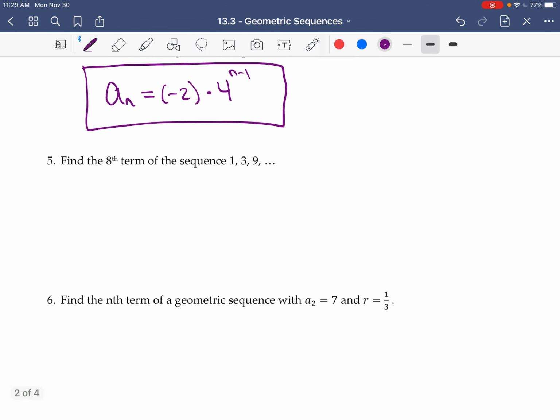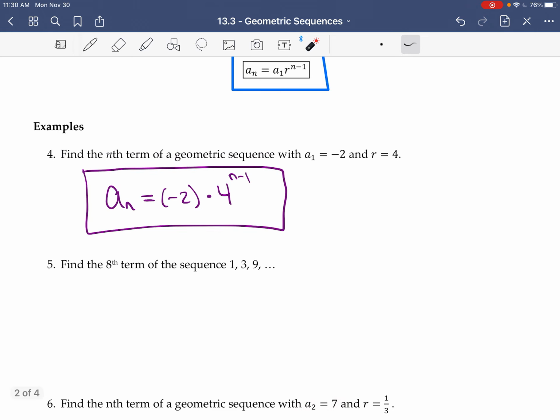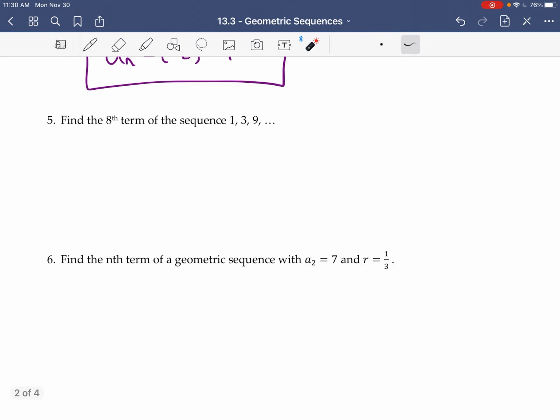So you want to find the 8th term, and then you also want to find the nth term similar to what we just did there. Okay, now be careful. This one gives you A2, not A1. So here they gave me A1. So you want to be careful. It's not exactly the same.